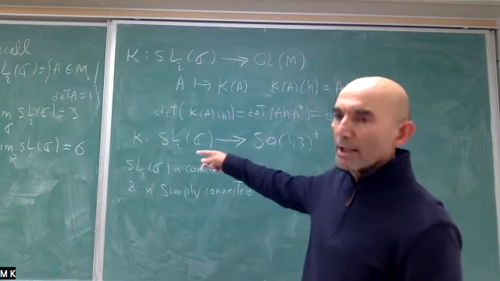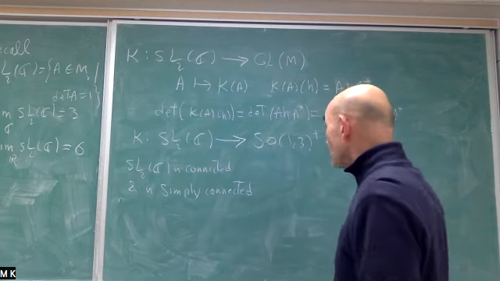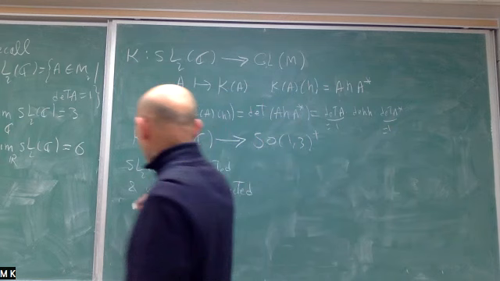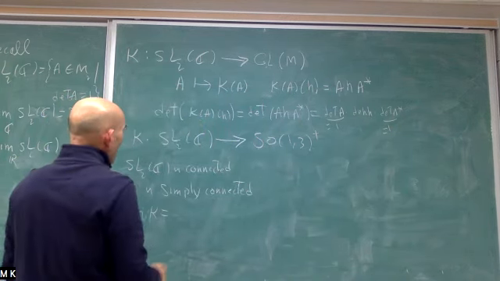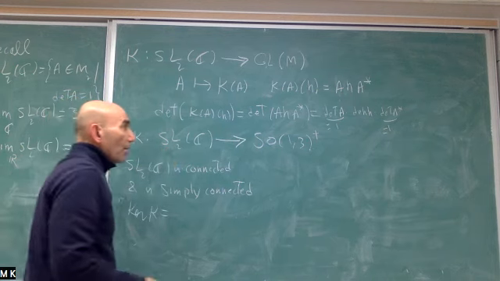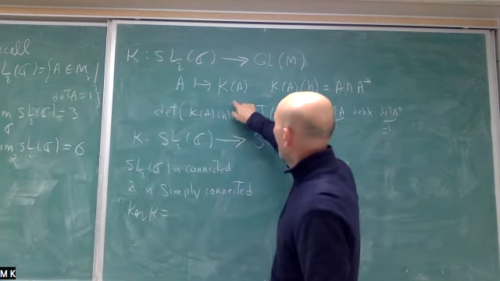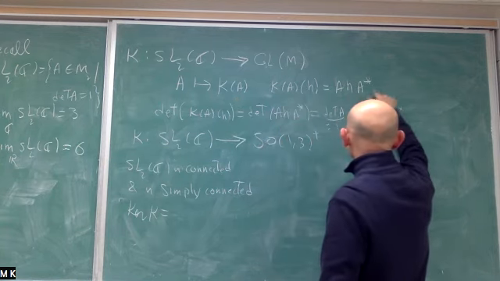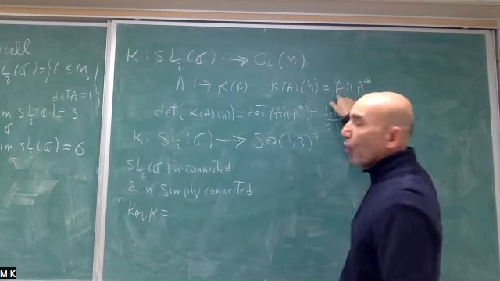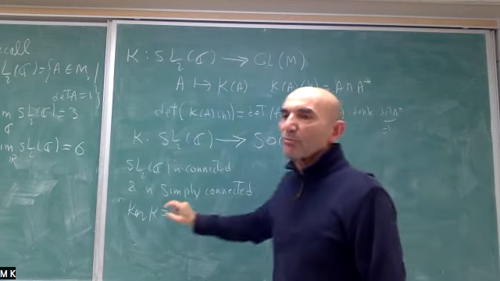So now, what's the kernel of K? The kernel of K is the set of all SL2C matrices A such that A H A star is equal to H for all H. And you can easily convince yourself that this consists of plus minus 1.